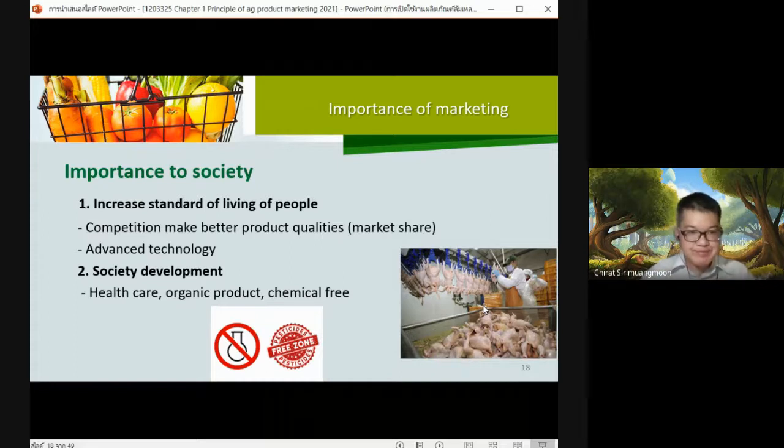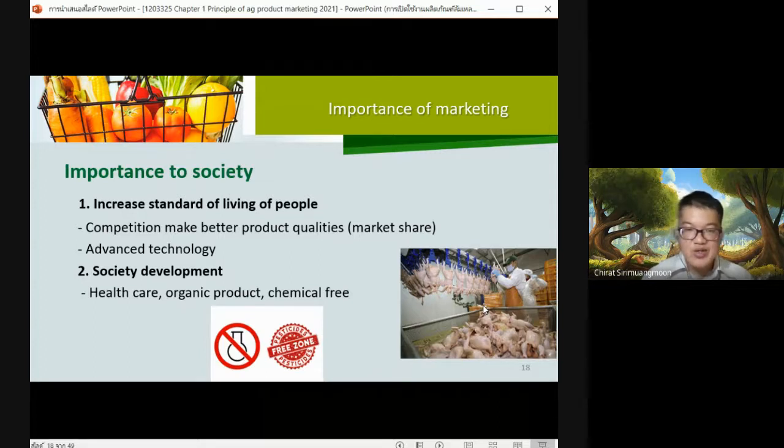And then, not just does marketing have importance to the consumer, to the producer, and to the economic system, it also affects society too. Because for now we have a higher standard of living, so food producers have huge competition to create better quality food products because they need to have a higher market share.